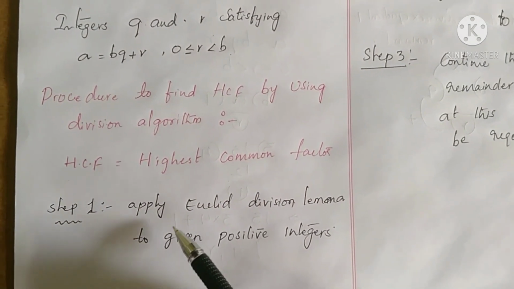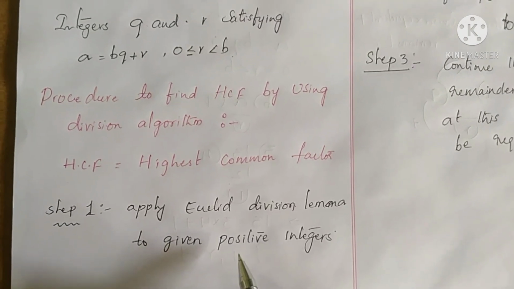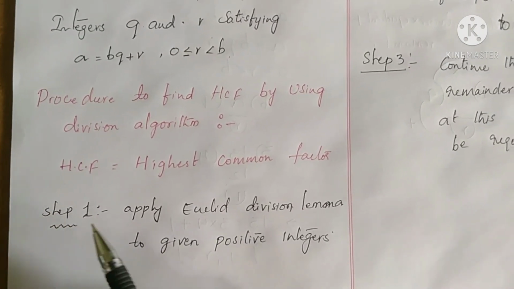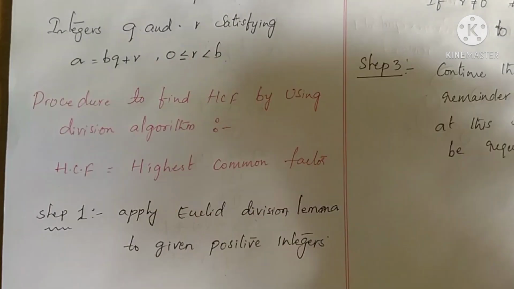These are the steps to find the HCF of any two numbers by using the Euclid division algorithm. Step 1: Apply Euclid's division lemma to the given positive integers.